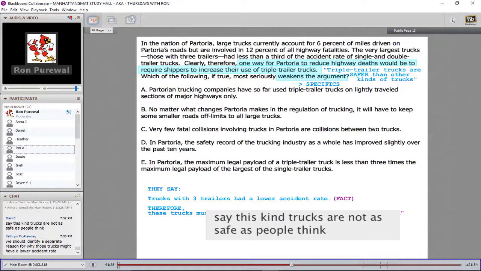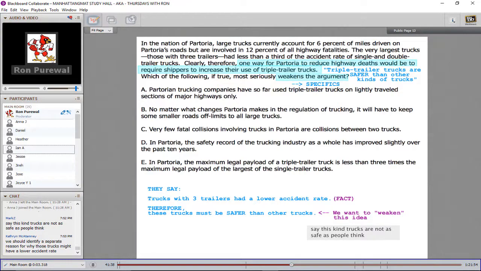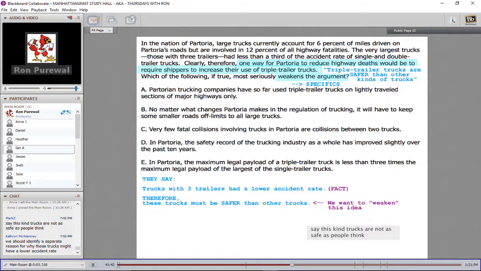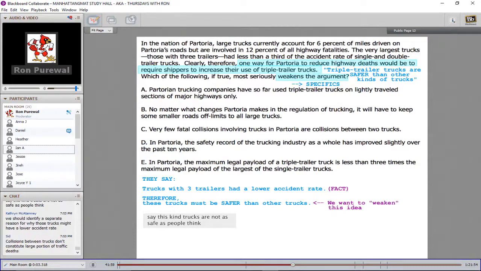But first, let me address this, because this is kind of the problem that people have with these problems sometimes. This is not what these arguments are going to do. They don't contradict themselves.